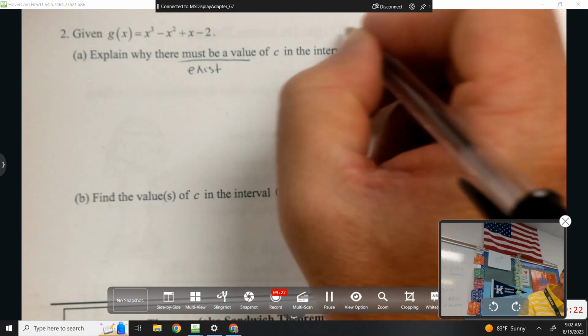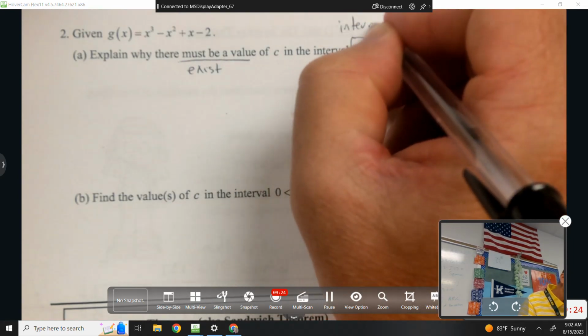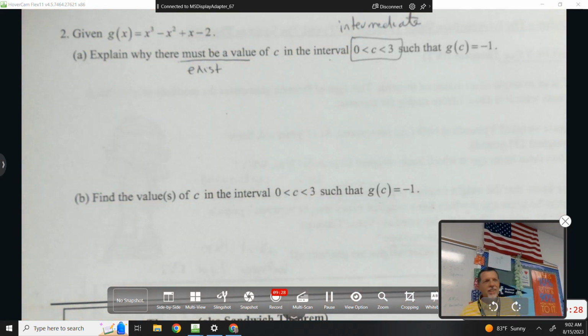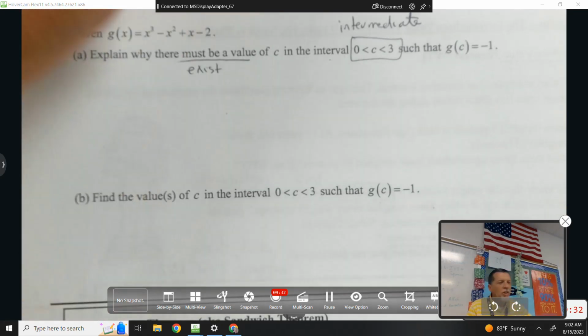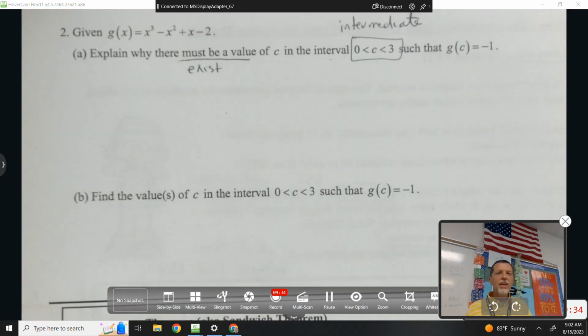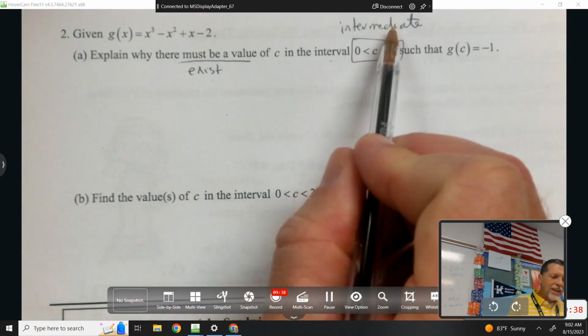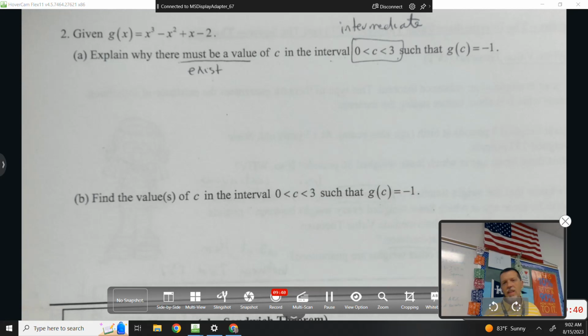That means intermediate value. So those are sort of the clues. I mean, obviously today is IVT day, so it's an IVT problem. But if this problem was on its own, how would we know that it's IVT? Well, when it's talking about existing between 0 and 3, that's our intermediate value theorem problem.